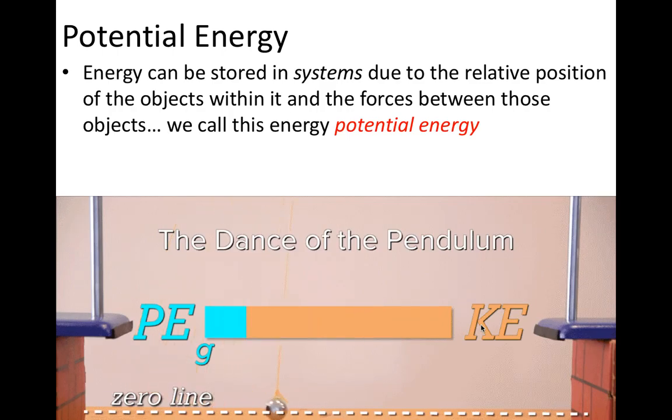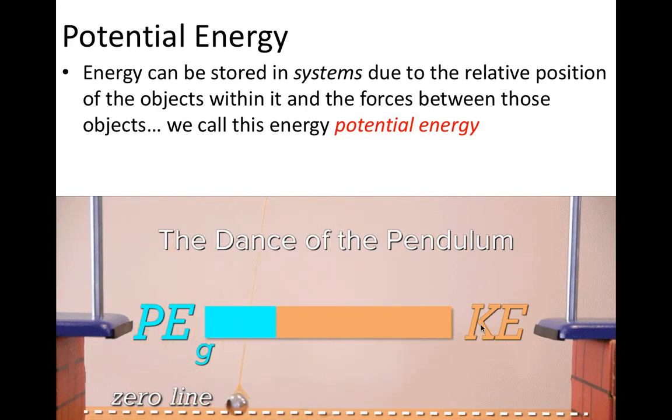We're going to discuss potential energy, and there are two forms of potential energy. Potential energy is energy that can be stored in a system. And it's the energy that is due to the position of an object within the system and the forces between those objects. And you can see here that we have a pendulum moving back and forth.